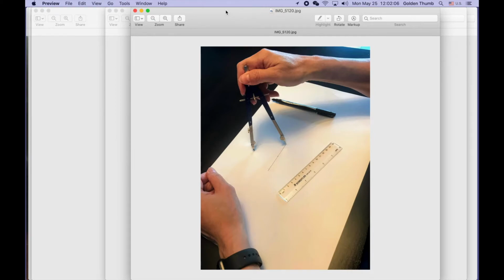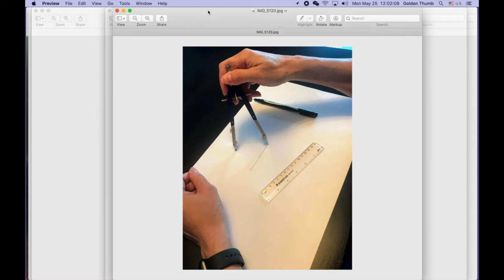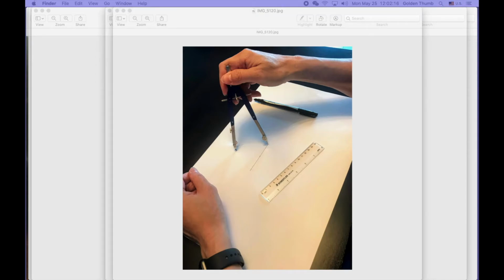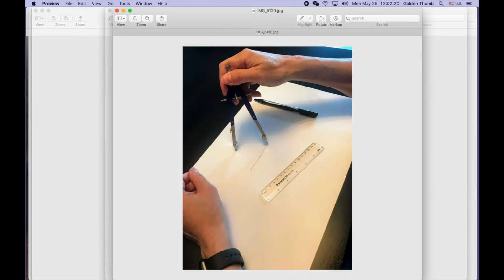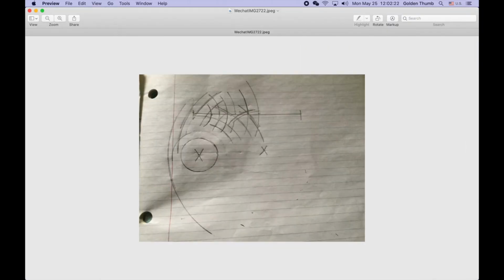Next, I'll show you what I mean by low quality paper and not drawing gently, which will generate this kind of image. You see? What's the problem with that? I guess the paper is too thin and not thick enough, right? And those horizontal lines on the paper are annoying, right?